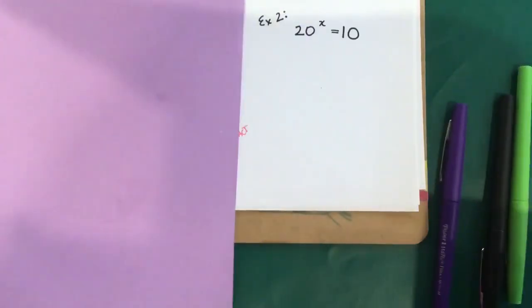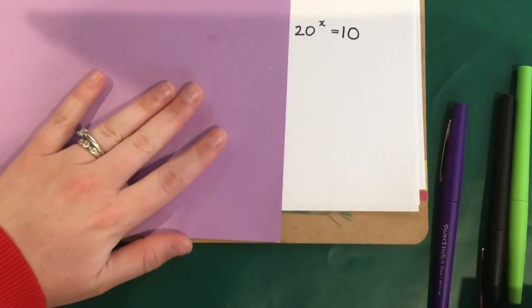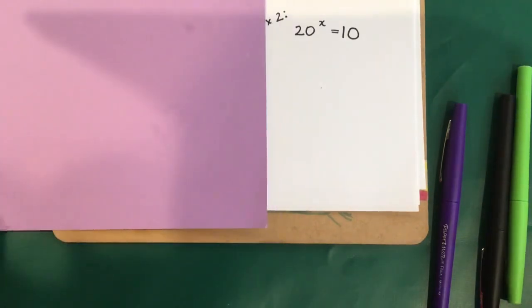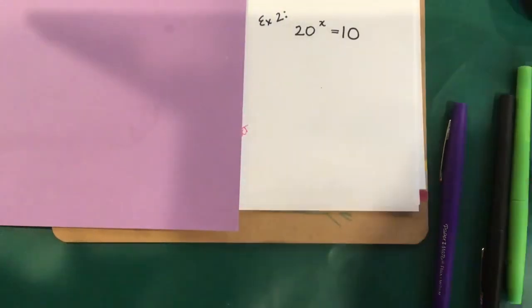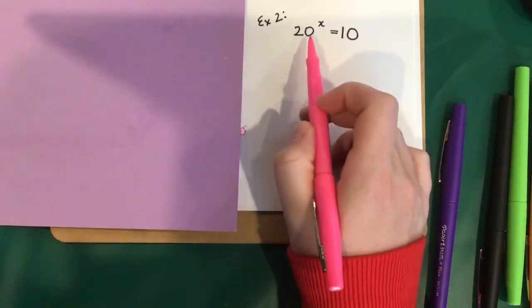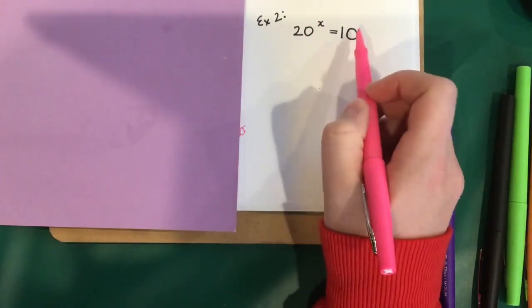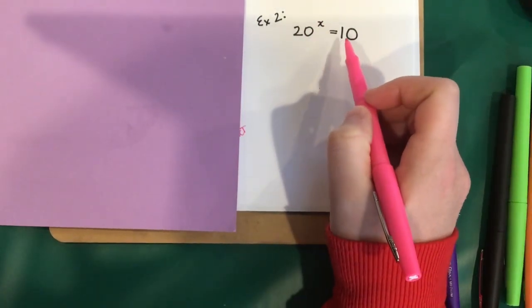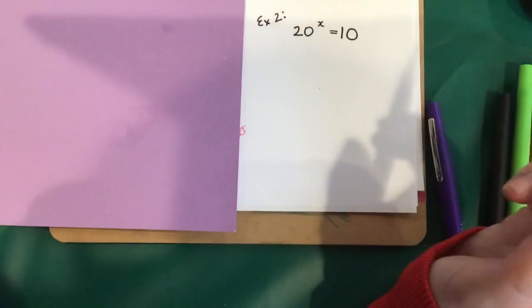Now, when we get to this problem, well, let's take a look at what we're going to do. Now, if I'm going to switch this to logarithmic form, well, first of all, if my base is 20, but I'm going to a number smaller than that, that's going to tell you that you're going to be between 0 and 1.